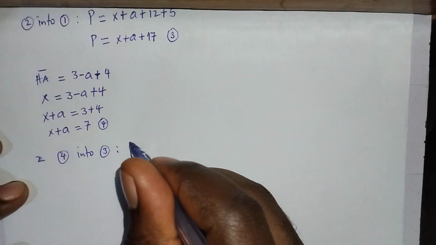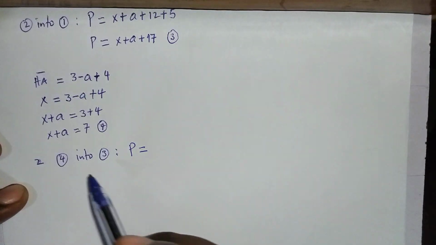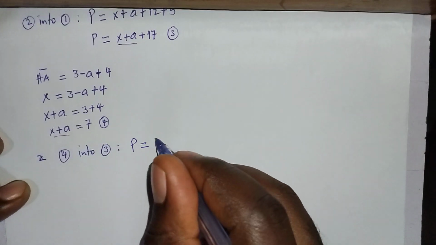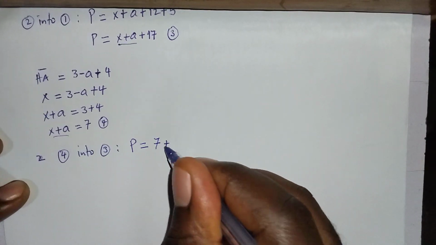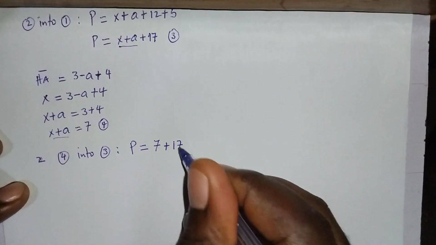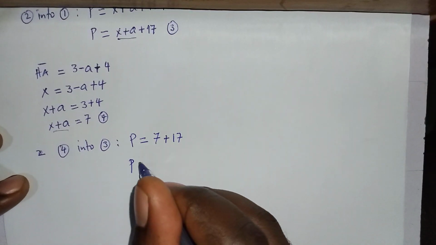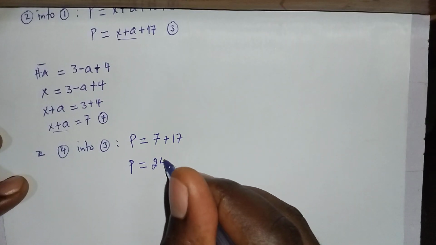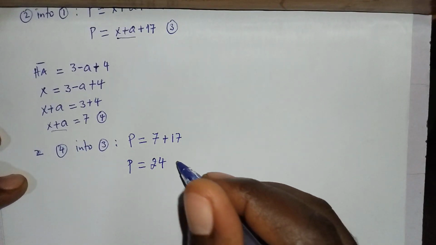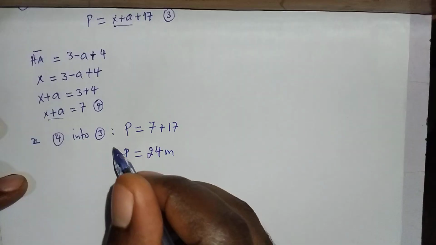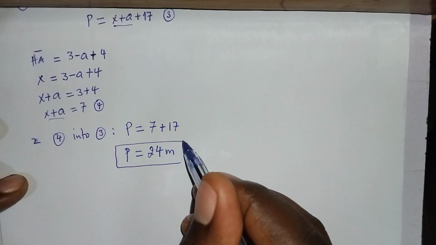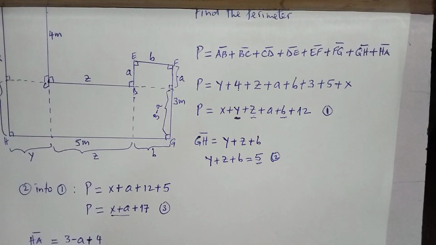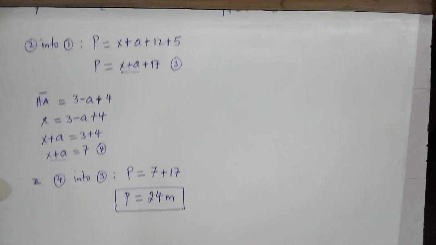So we have perimeter, which is equal to x plus a, which is equal to 7, then plus 17. Perimeter is equal to 7 plus 17 is equal to 24 meter. So this is the value of the perimeter of this figure. Perimeter is equal to 24 meter.